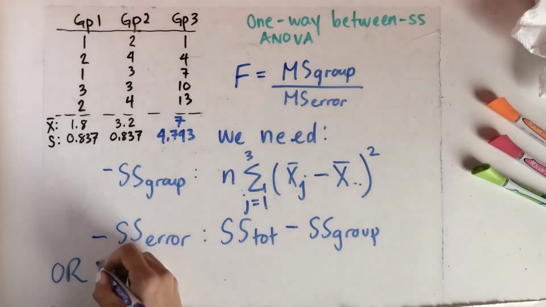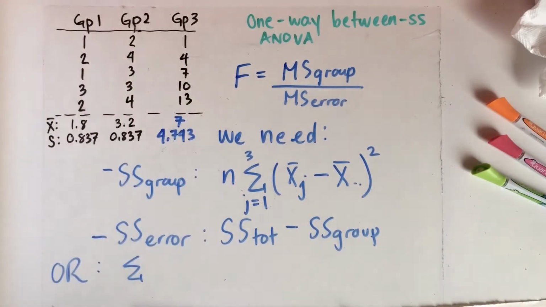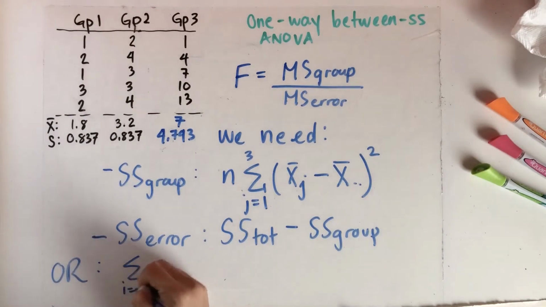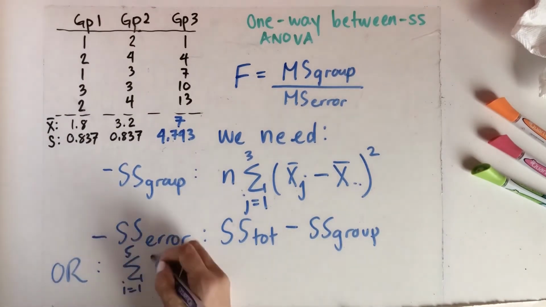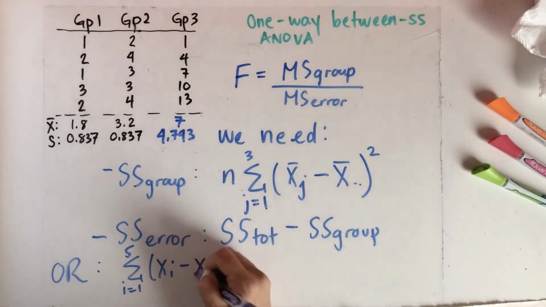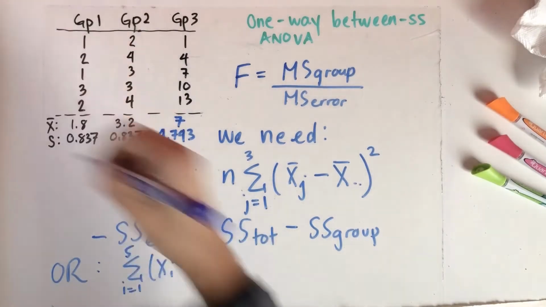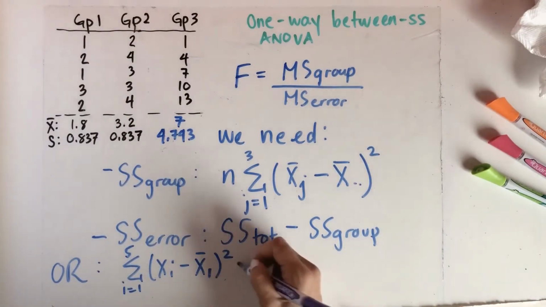We could look at each group individually, starting with the first one, each of those 5 observations, and look at those deviations from their own group mean, so how different each score is within its own group, and then do the same for group 2.